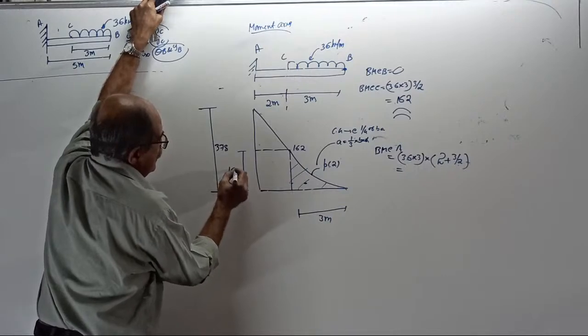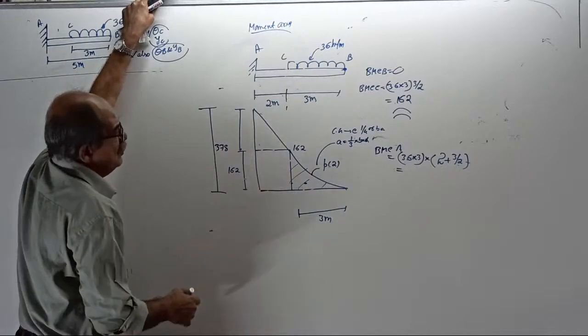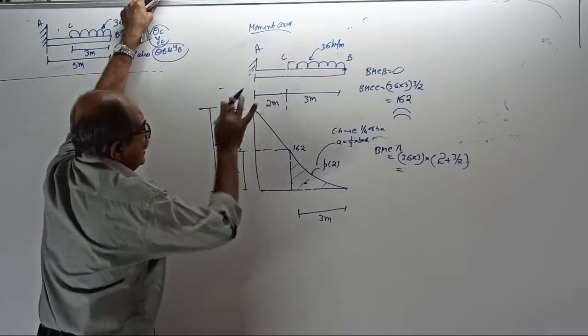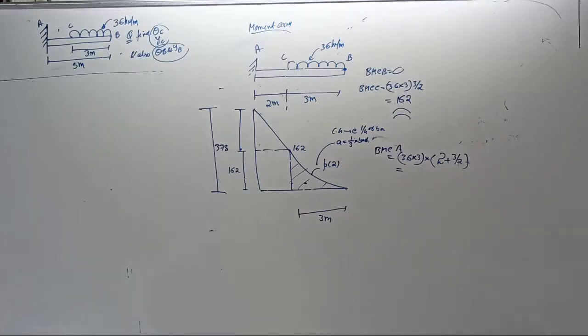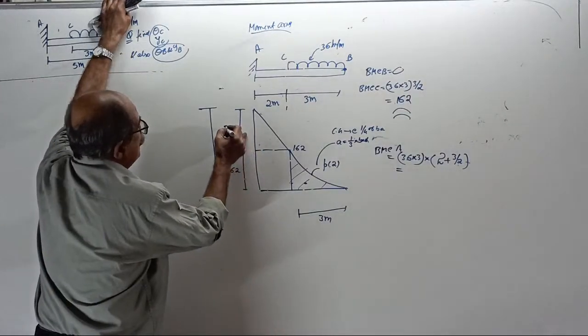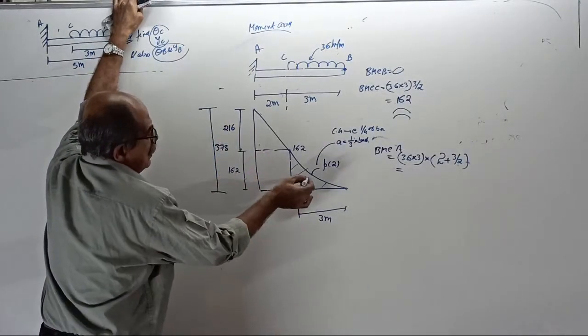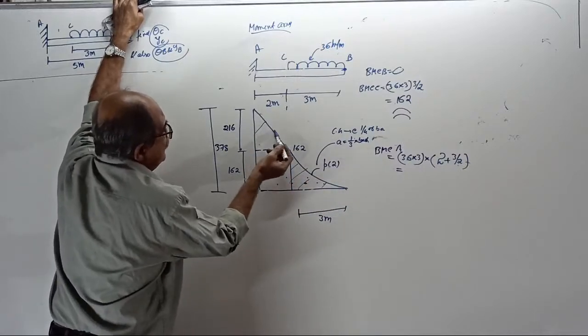Tell me the remaining value here, so that you get a triangle and a rectangle. 216 is the remaining value. Now, this is a parabola, this is a rectangle, this is a triangle.